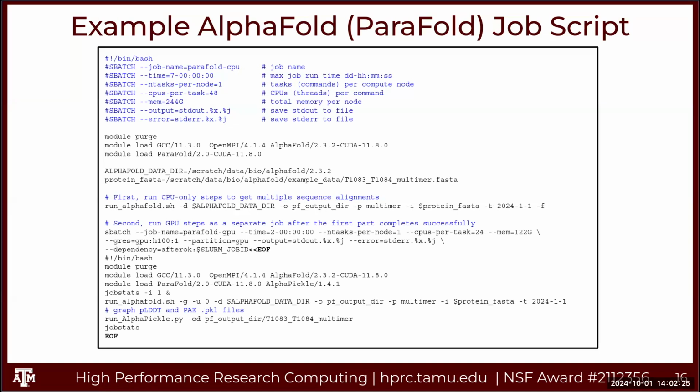Generally it's like an 8 CPU max for some of the alignments, so you don't need to use all 48 or all 96 cores for the CPU part. You can reduce that. And if you look inside here, this is the first CPU only step.